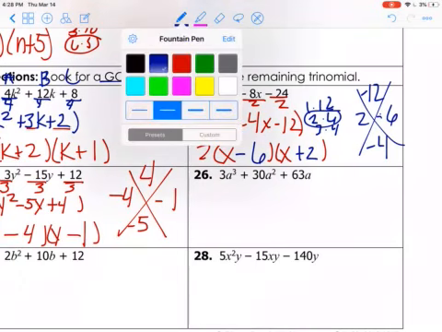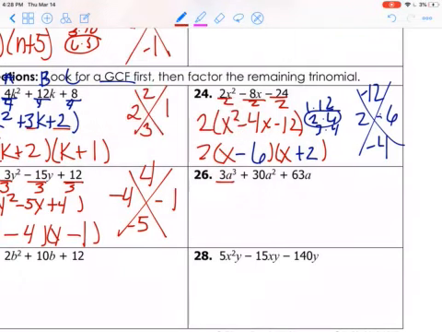26, same thing. GCF of 3a to the third, 30a squared, and 63a is not only a 3, but they also have an a in common. So I'd be left with a squared plus 10a plus 21.